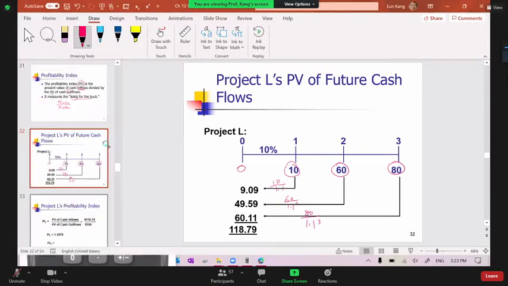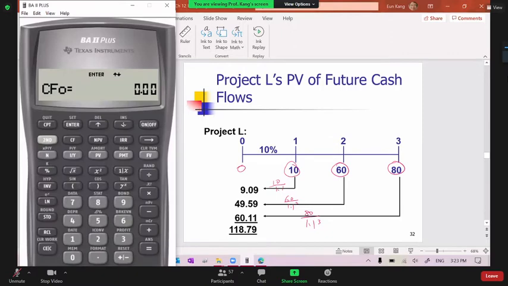Because we separate negative cash flow and positive cash flow. So make sure that you clear work. And C1 is 10. C2 is 60. C3 is 80. And go to NPV. I is 10. Compute.